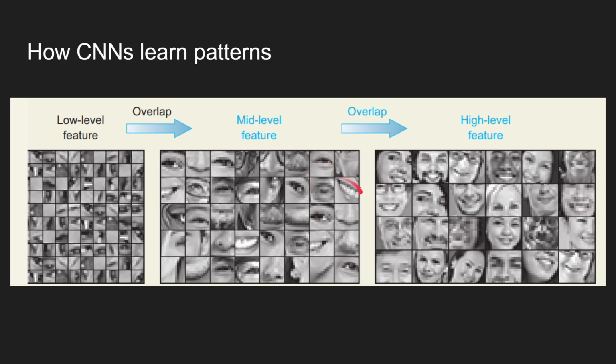For example, we got eyes, the teeth, the nose, right? And then later on, the deeper we go, it might actually transform this into something that we can understand and recognize, right? These are human faces.